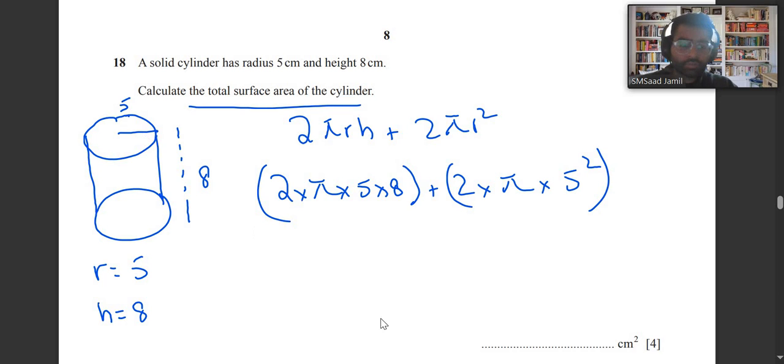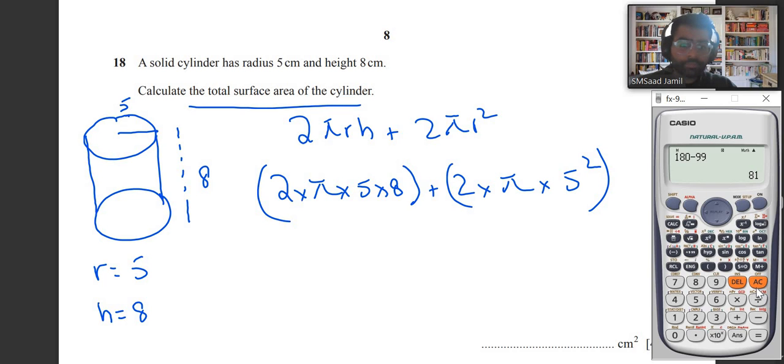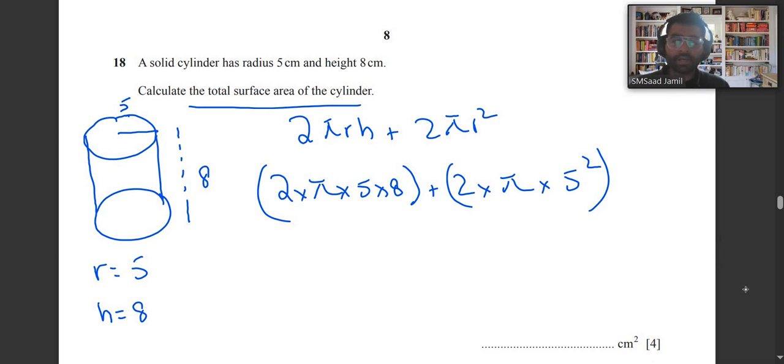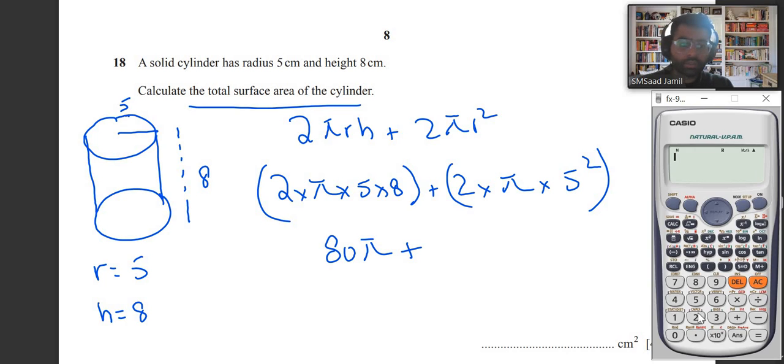Alright, let's solve it over here. 2 multiplied by pi multiplied by 5 multiplied by 8, it's 80 pi, plus 2 pi r square. 2 multiplied by pi multiplied by 5 square, it's 50 pi.